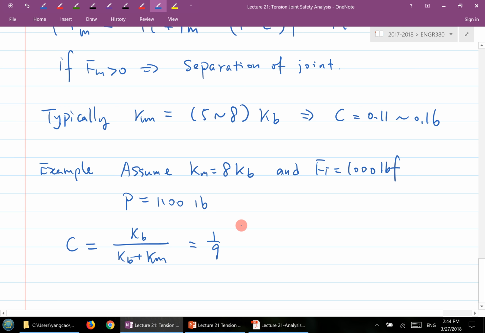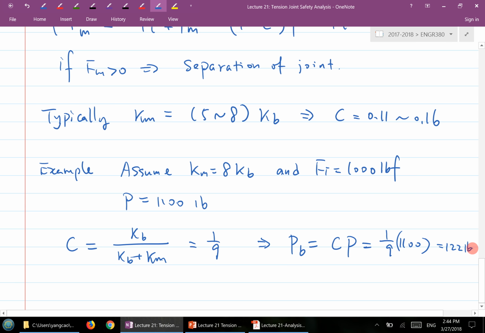Then the amount of external force taken by the bolt is C times P, so it's 1 over 9 times 1,100, which is 122 pound force.